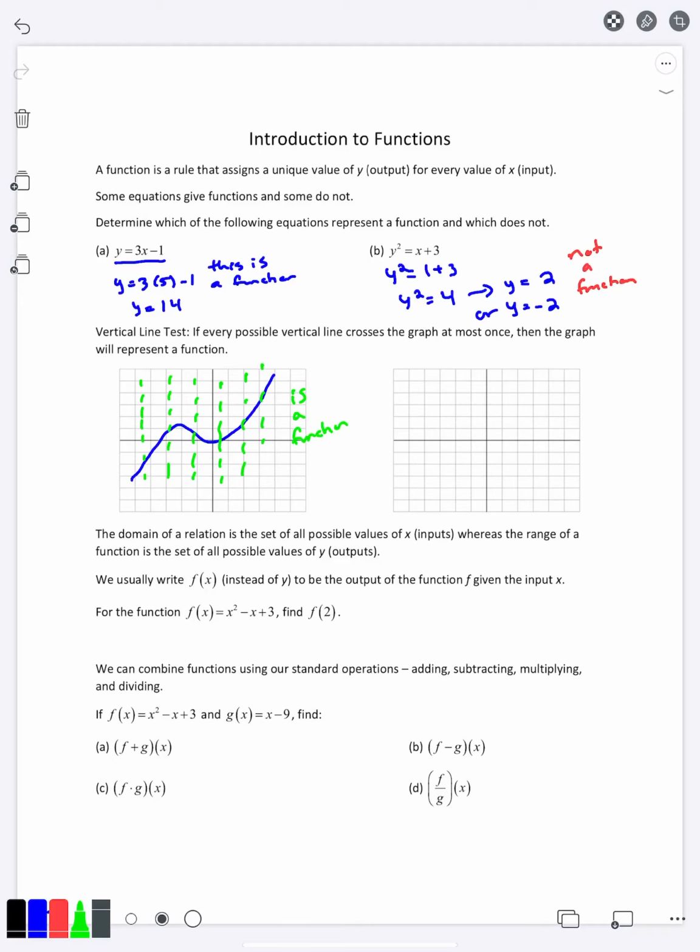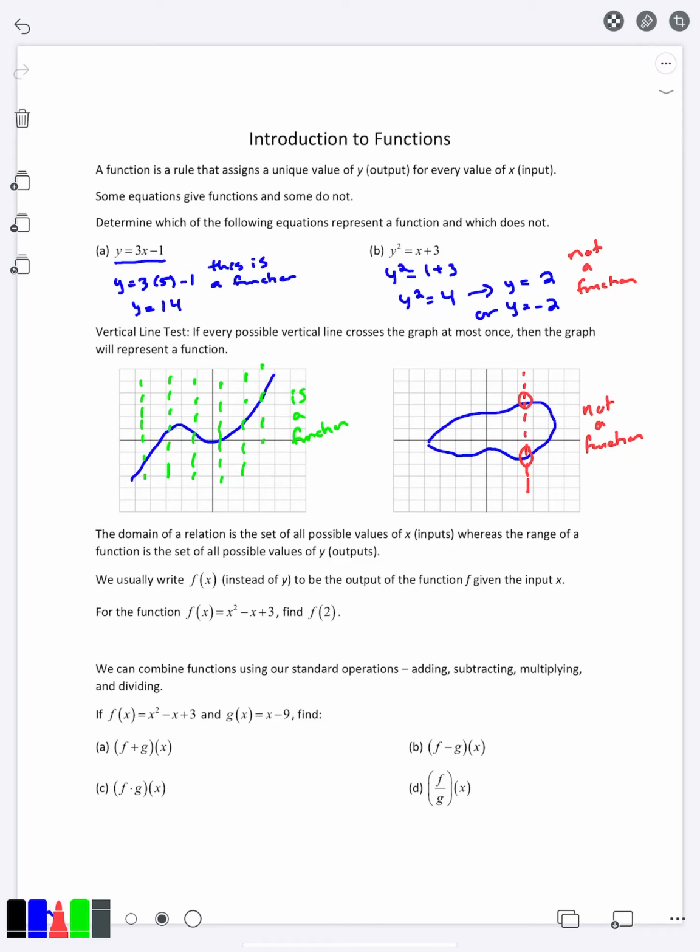Whereas if you have a graph and you can draw even a single vertical line that crosses it more than one time, that means it's not a function. So the vertical line test gives us a nice quick way to determine whether a graph is a function or not, just by drawing vertical lines.